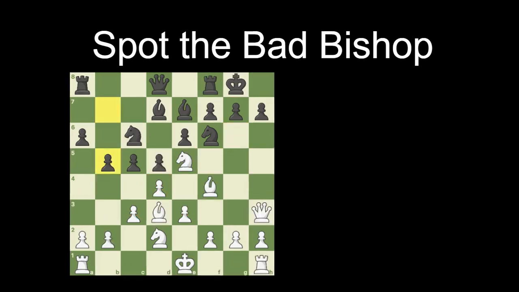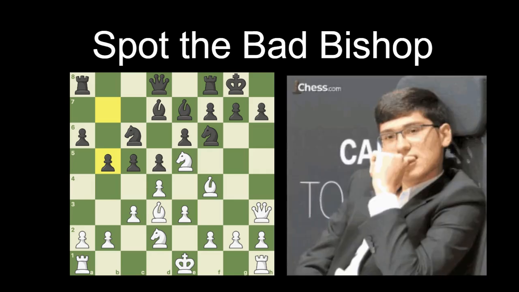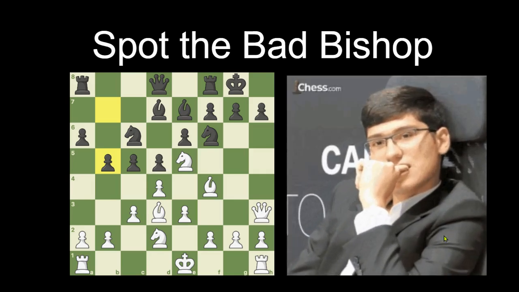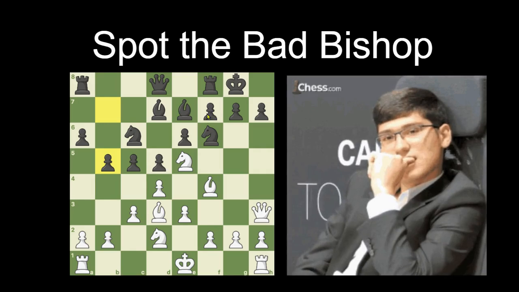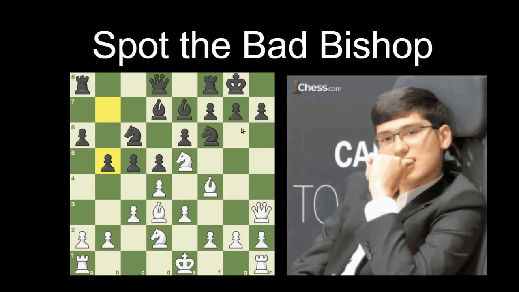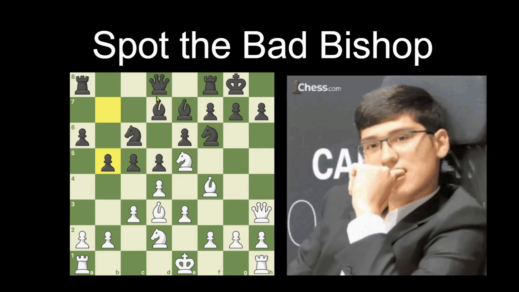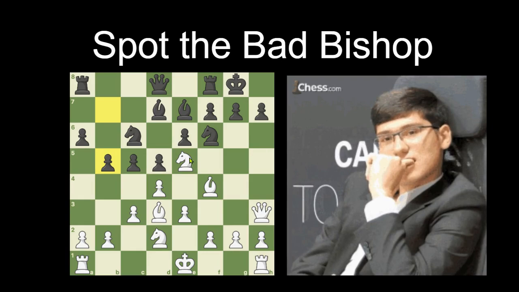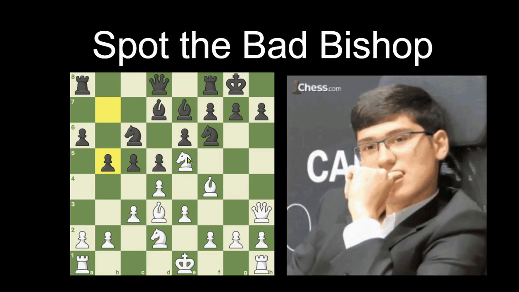And so here's another position. Where is the bad bishop here? In this position, you can see that the bishop on d7 is locked behind the pawns. Oftentimes you can have this position where the bishop is locked behind pawns and your opponent's knight is active.